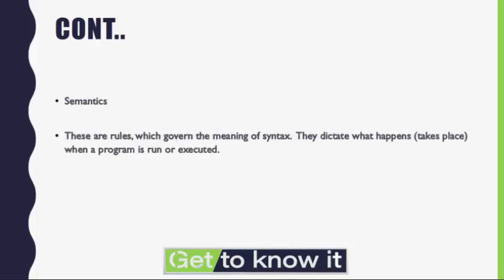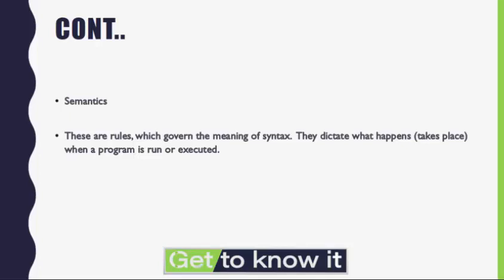Moving on to another term, semantics. Semantics are rules which govern the meaning of a syntax. We've said that syntax governs how words, symbols, and expressions will be combined. But for any rule to be followed, it has to have a certain meaning.